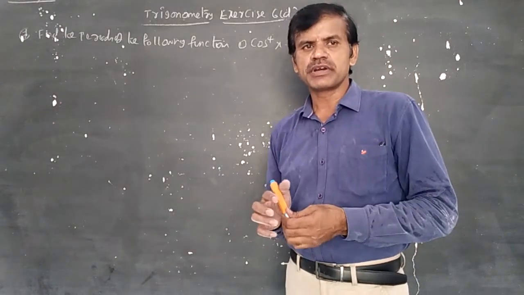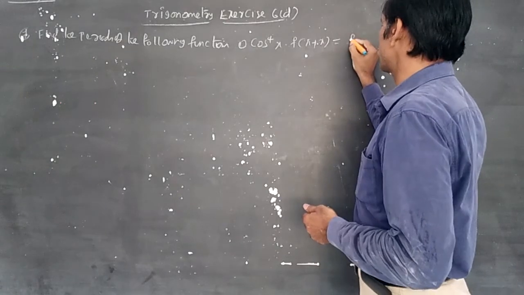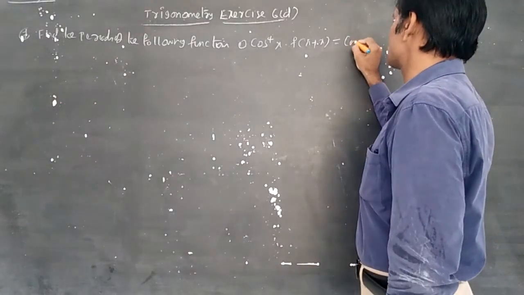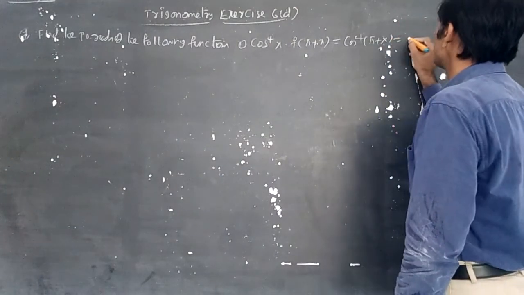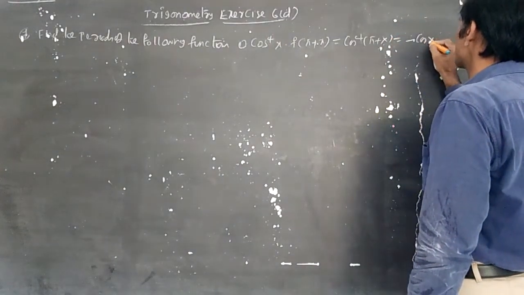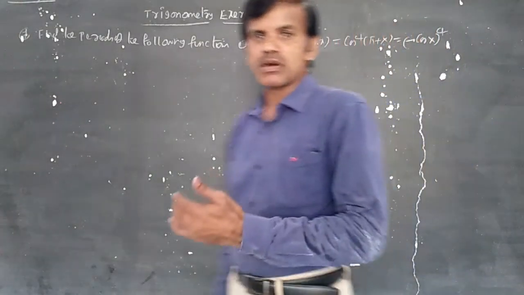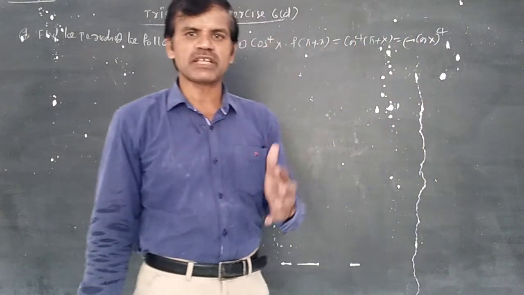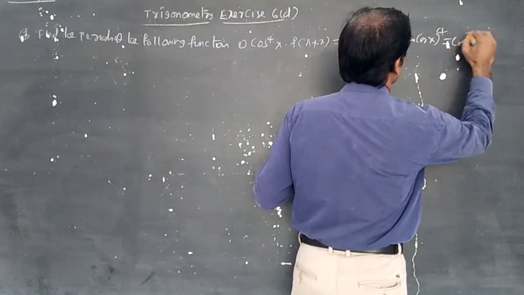Even though the period of cos x is 2 pi, here power 4 of x is there. That is why we write f of pi plus x as cos power 4 of pi plus x. That is equal to cos of 180 plus theta, which becomes minus cos theta. Minus 1 whole power 4 becomes plus, so you get the answer as plus cos power 4.